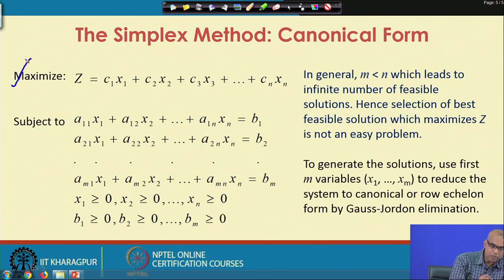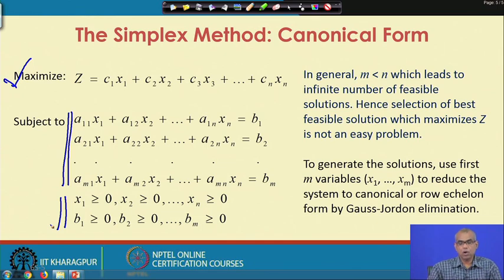You have the objective function, which is a linear function of n variables. You have m number of equality constraints, and you have non-negativity constraints on the decision variables and on the constants on the right hand sides of the constraints.